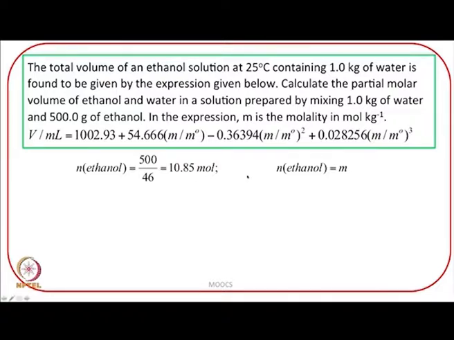As we just discussed, we are dissolving 500 gram of ethanol in 1 kilogram of water, therefore the number of moles is equal to the molality of the solution.